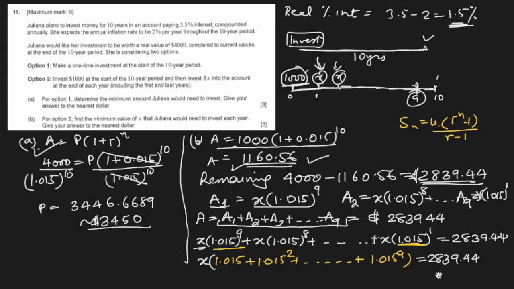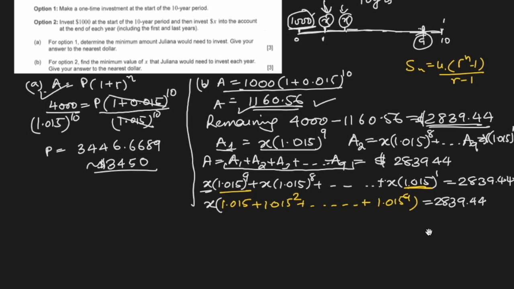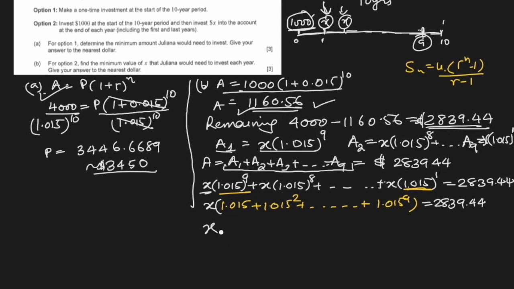So this whole thing was equal to 2839.44. Okay, let's get some space here. So X, and I will use the formula I wrote just here. U1, what is the first term? 1.015. What is r? Every time it is multiplying by 1.015, so that becomes r as well.